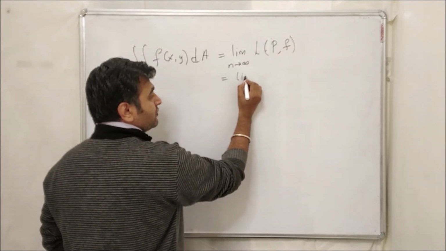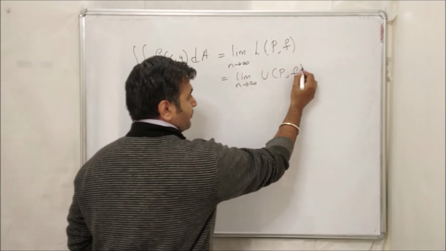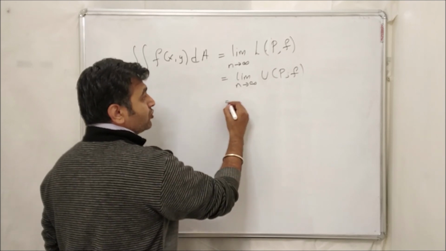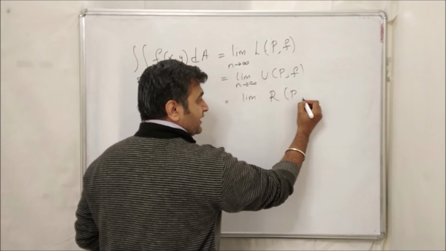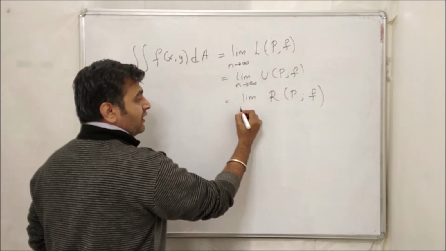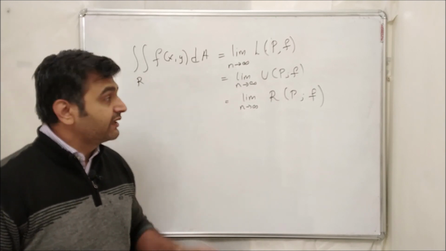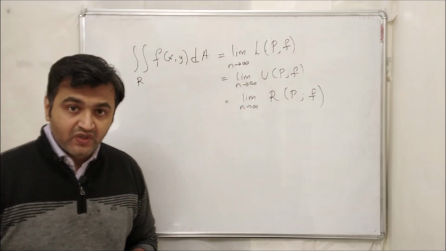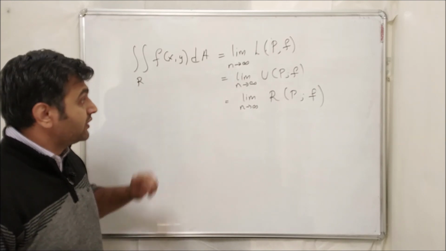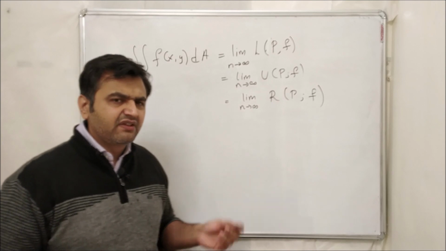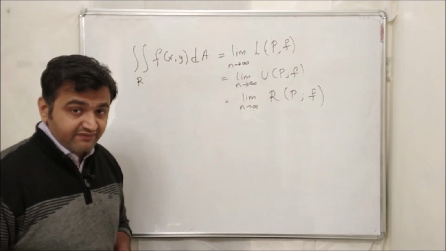This is also equal to the limit as n goes to infinity of the upper Riemann sum of the function for the given partition P. And when both are equal, there is a theorem: you take any partition, you take any Riemann sum, and you take the limit, all will give you the same answer. So when the function is integrable, all these things are the same. Our domain is closed and bounded, and many times we will assume that our function is continuous, just to make things easy.